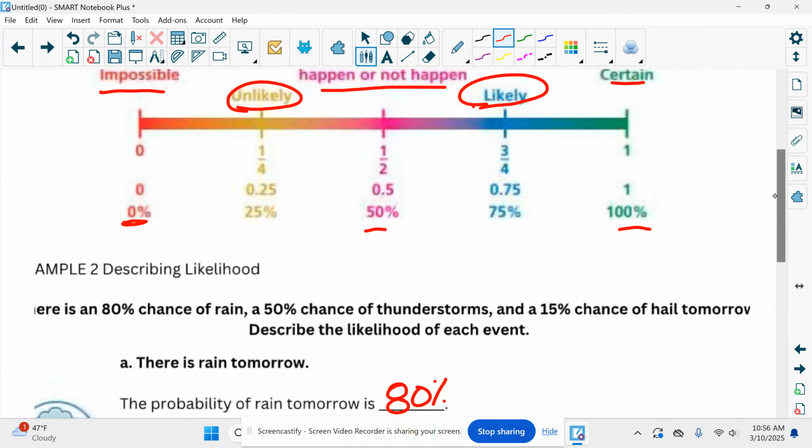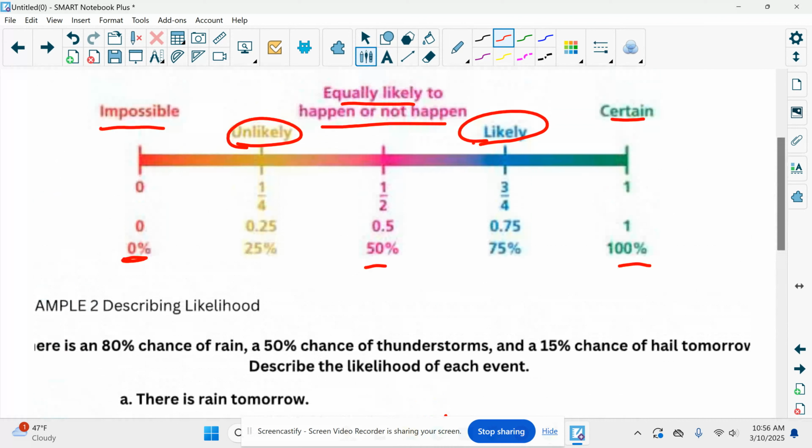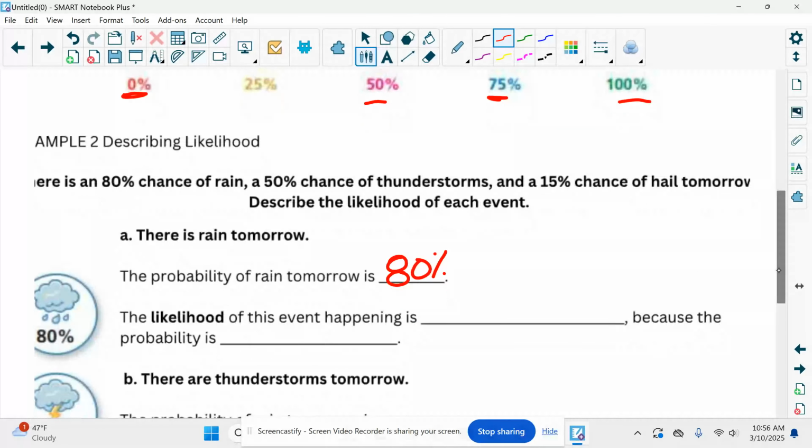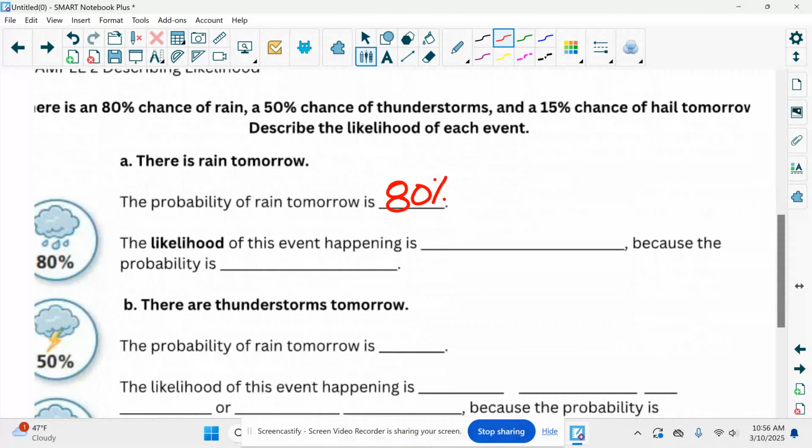Look at your diagram. Which one is it closest to? It's closest to 75%, so the event is likely to happen because the probability is close to 75%.